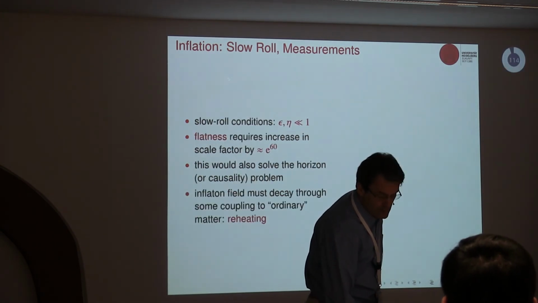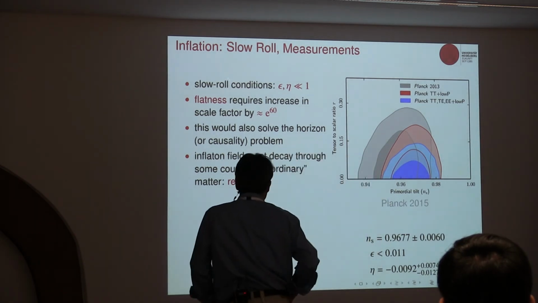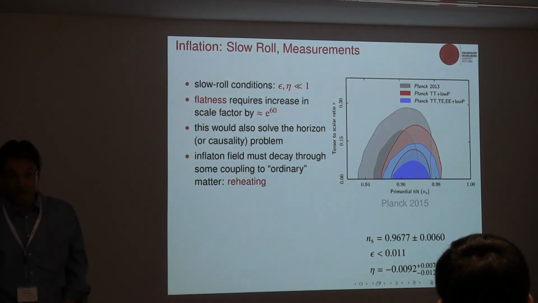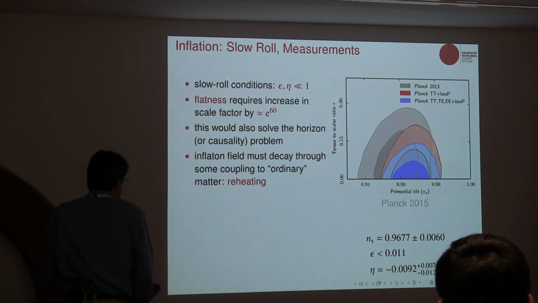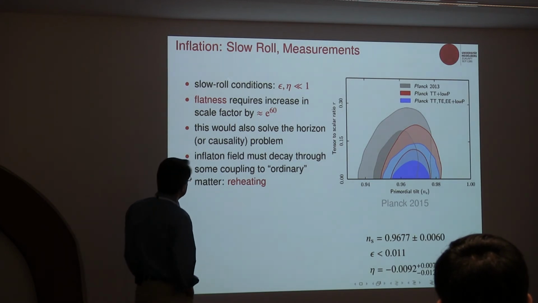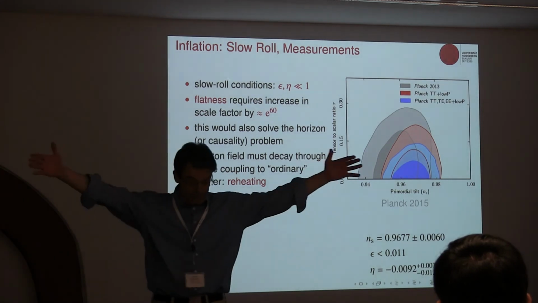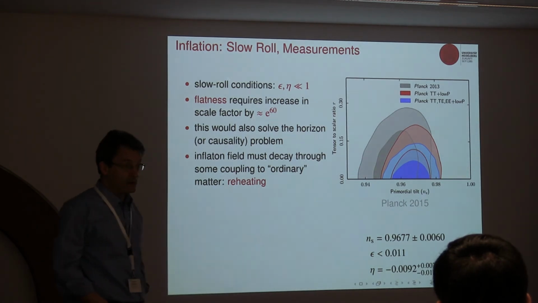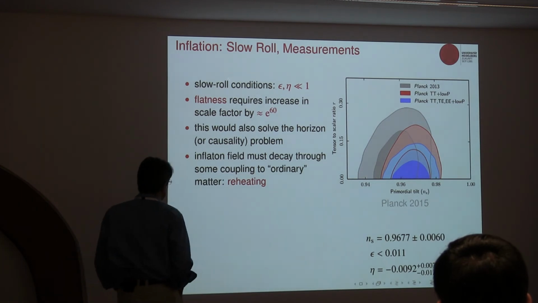Well, first of all, we know that they both have to be very much smaller than one, otherwise, as I said, you would not have inflation, or you would not have inflation for sufficiently long time. The flatness that we observe, the spatial flatness in the universe, requires that during inflation, the scale factor of the observable universe must have been enhanced by a factor of about e to the power of 60, which can of course be translated to a constraint on the slow roll parameters.